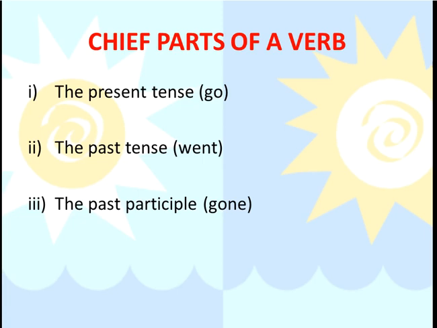And the third is the past participle, meaning the third form of the verb, like the third form of go is gone. Go, went, gone. They are called chief parts of a verb because we can form all the other parts with their help.